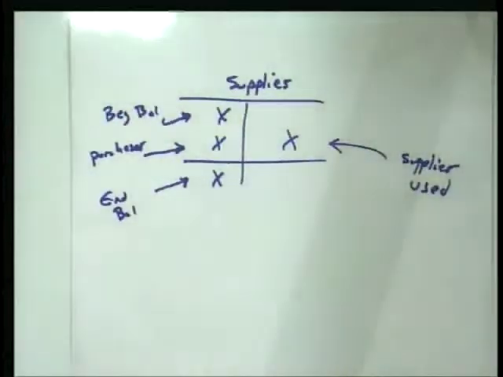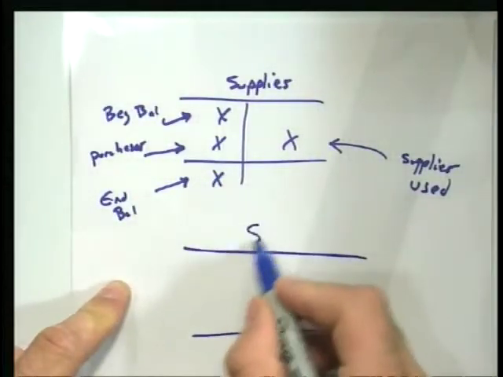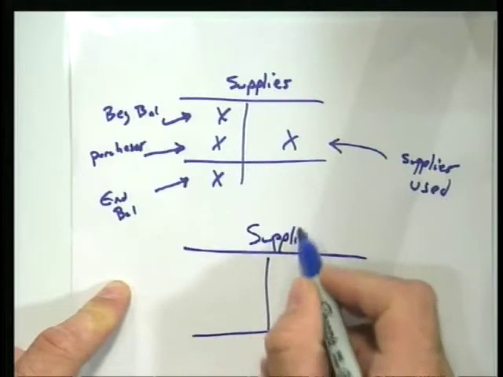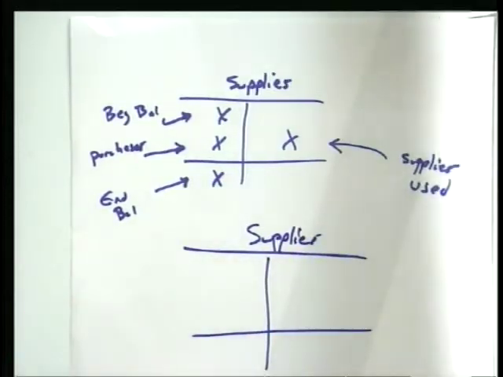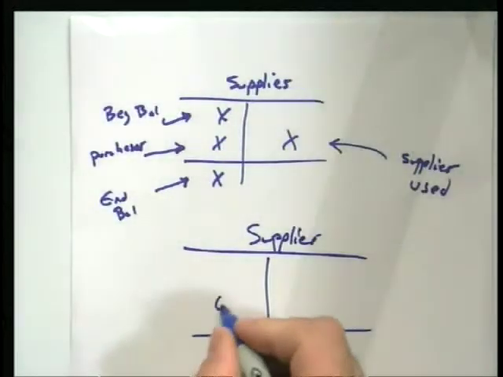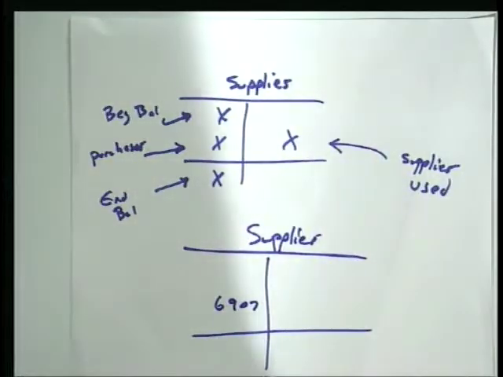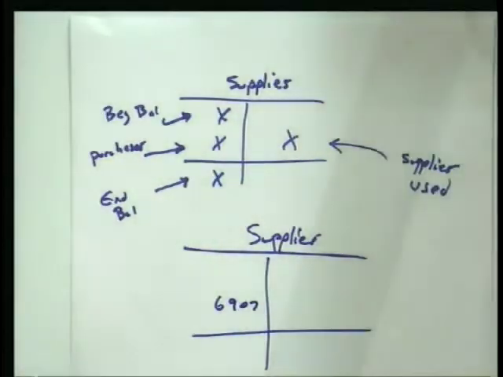Let's go ahead and do that one real quick. Okay. All right, going back to the Elmo. Okay, what do they tell us? They tell us the amount purchased during the year was 6,907. They tell us the amount available at year end is 800.